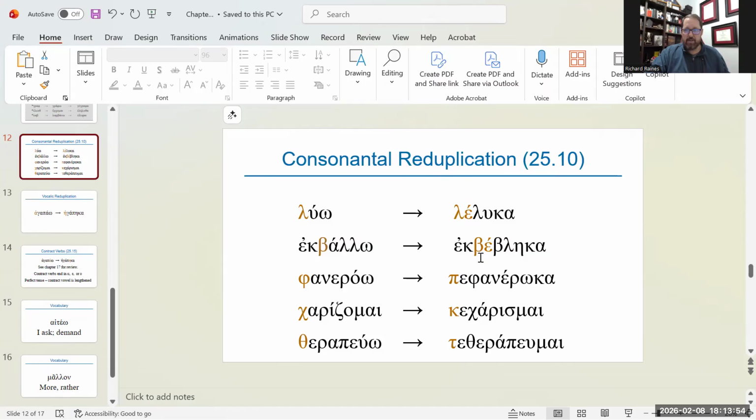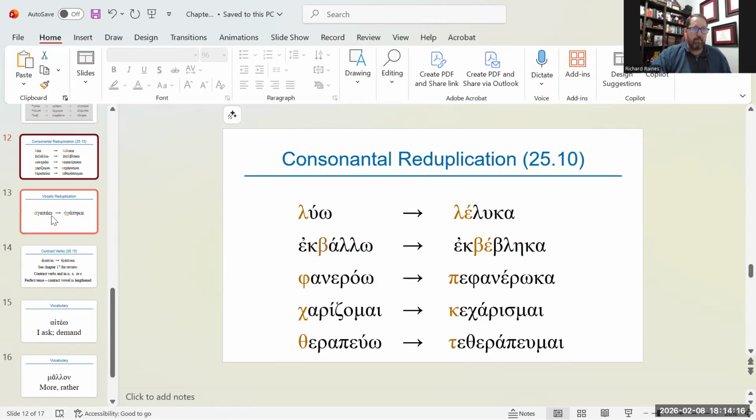So the reduplication is here. Ek remains the same. I know that it's going to be confusing. That's a lot of rules, but unfortunately, it's part of the perfect tense. So that's why we're spending more time on the rules than we did on the paradigms.